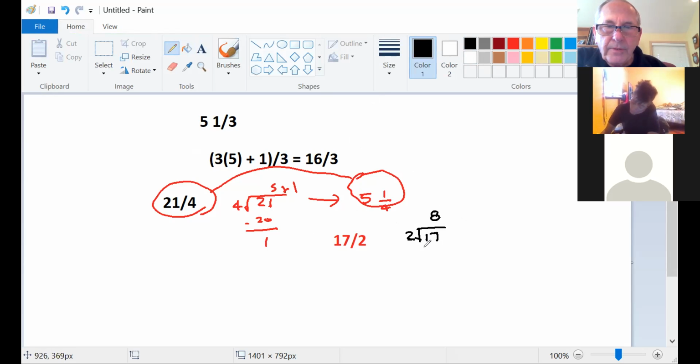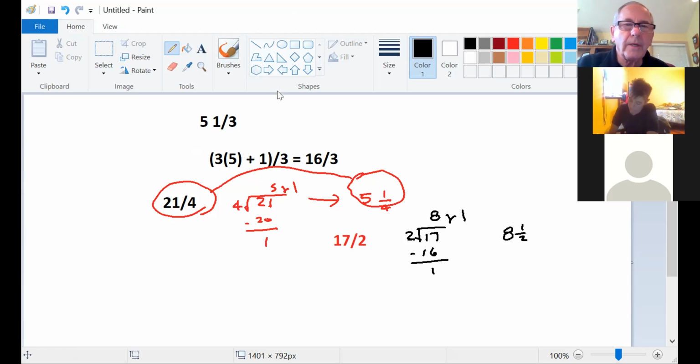And 8 times 2 is 16. 1 left over, so it's a remainder of 1. So how do I write this as a mixed number? 8 and 1/2. Okay, Lucero, do you understand that? Yeah, I do. Okay, you have to know how to do this.